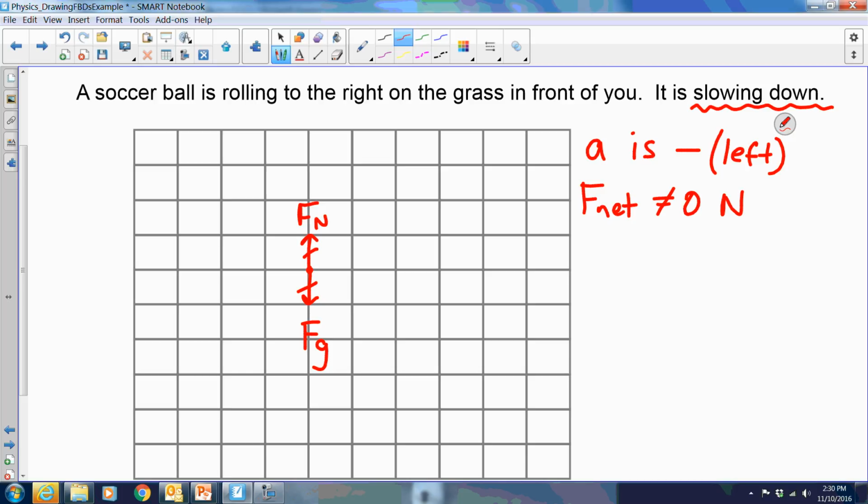So if I draw friction like this one, that vector must be pointing to the left. Remember, friction always points opposite the way the thing is moving. And I'm not even going to draw an arrow to the right. Yes, it's rolling to the right. That's its velocity. But the free body diagram shows why it's accelerating a certain way.